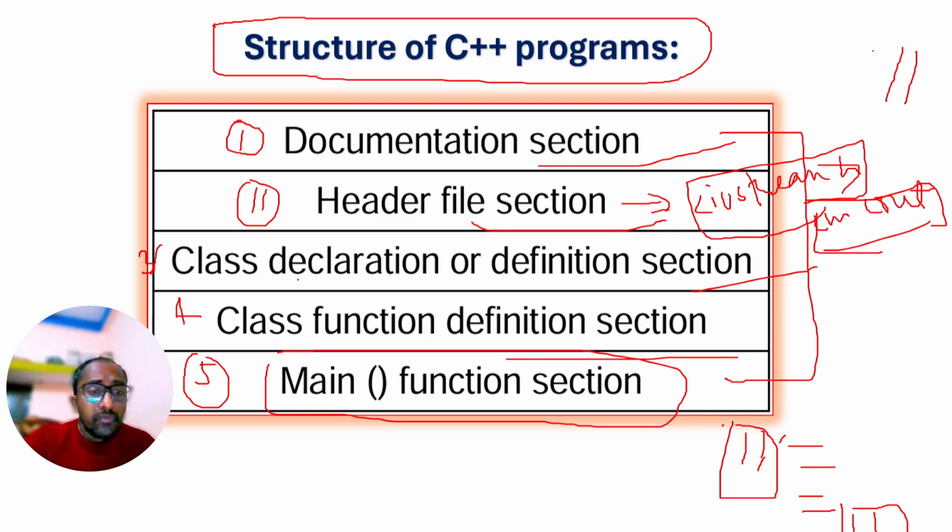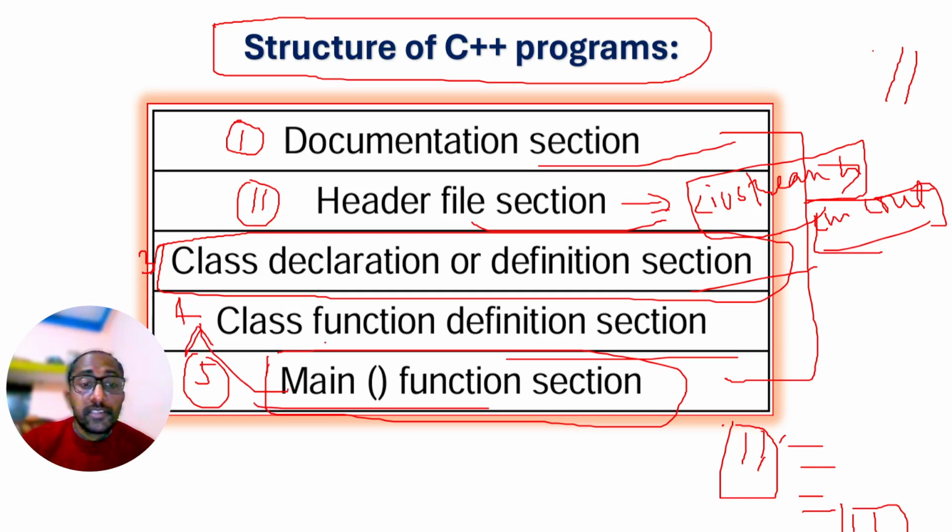If you are writing code and you have to declare a class, it is better and good practice to declare the class before the main function. It is not bad otherwise, but it is very good if you declare the class before the main function.